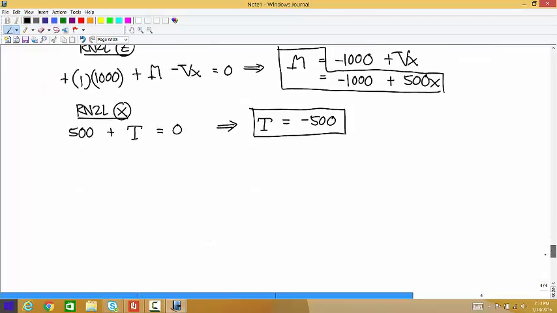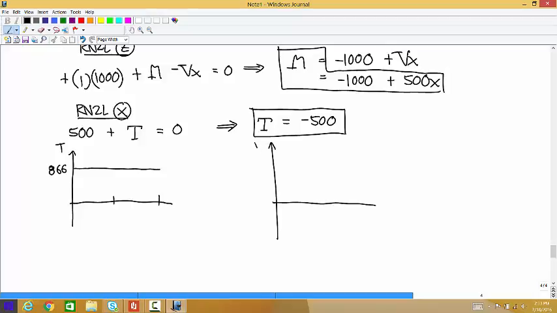And if you plot these out so you can visualize what's happening, here's the tension. That's constant over the whole length. A tension of 866. We know it's tension, not compression, because it's positive. The shear force starts out at negative 500 and then jumps to positive 500.